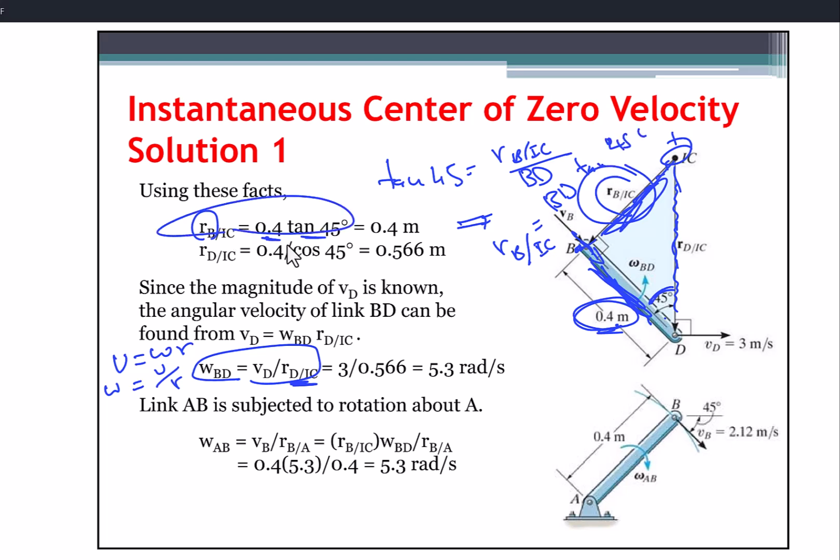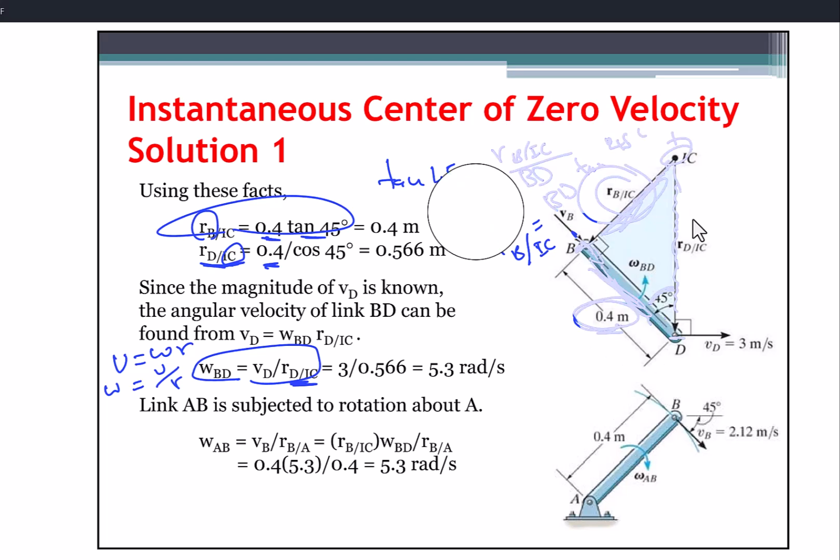In the same way, the position of R_D with respect to the instantaneous center is given by the cosine. Let me draw it again.